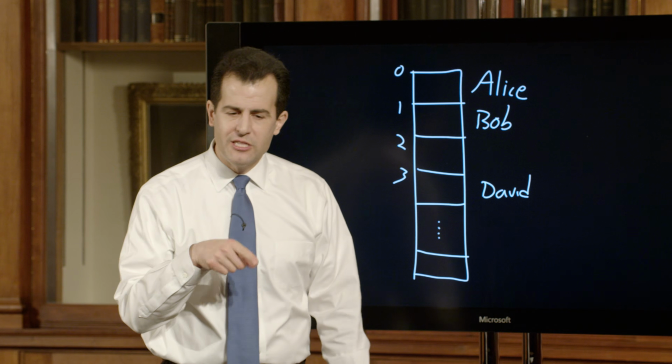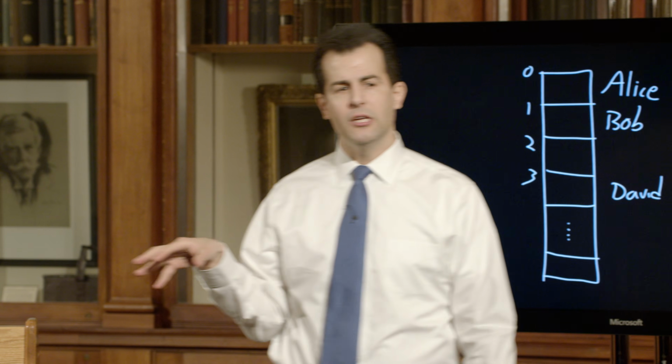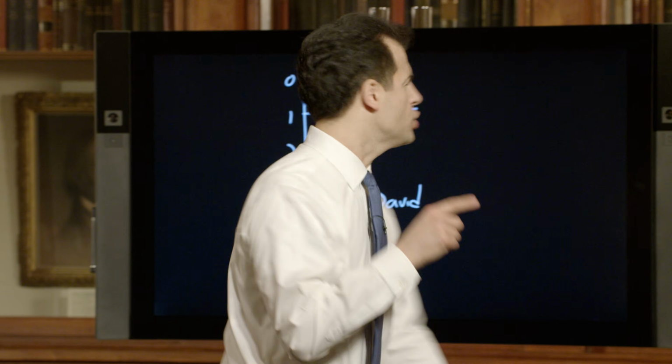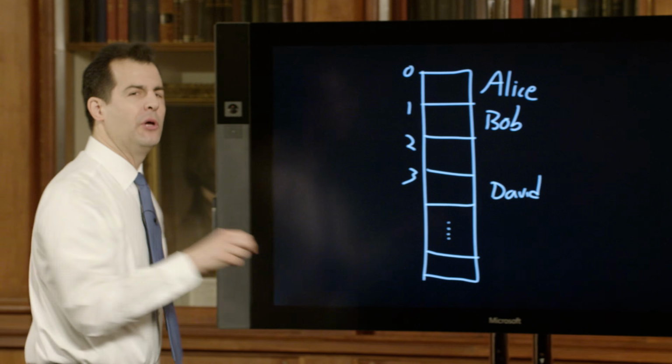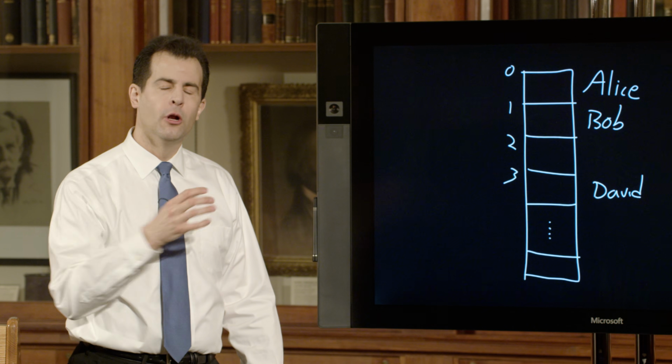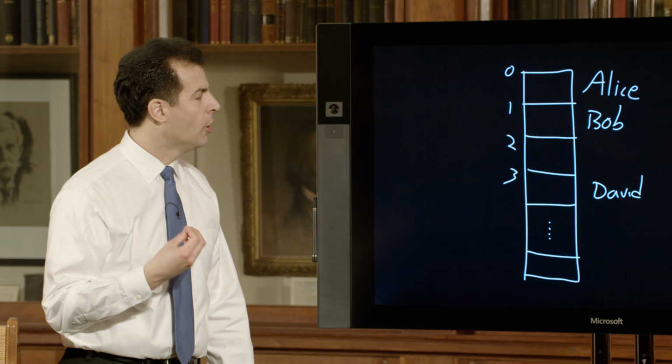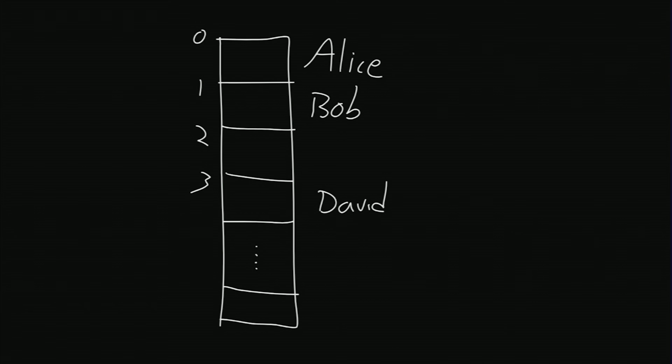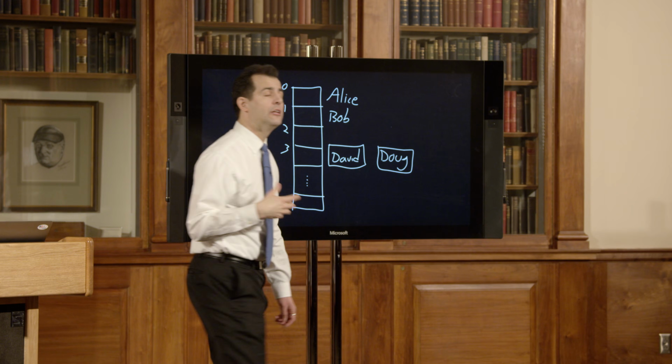But there we can draw inspiration from other data structures still. We could maybe not just put David in this array, but not even treat this array as the entire data structure, but really the beginning of another. In fact, let me go ahead and put David in his or my own box and give Doug his own as well. Now Doug and I are really just nodes in a structure.